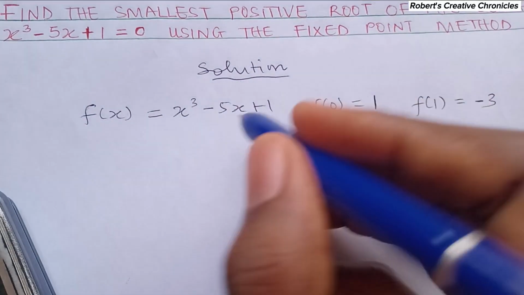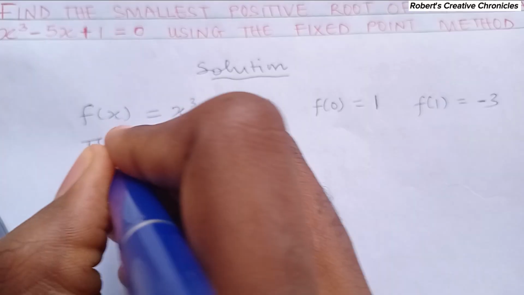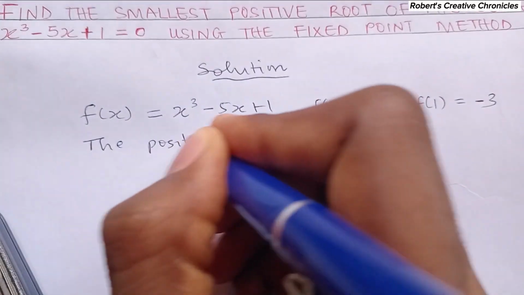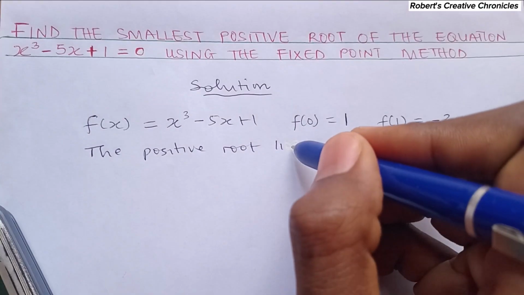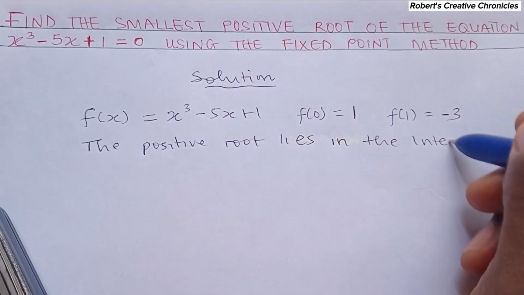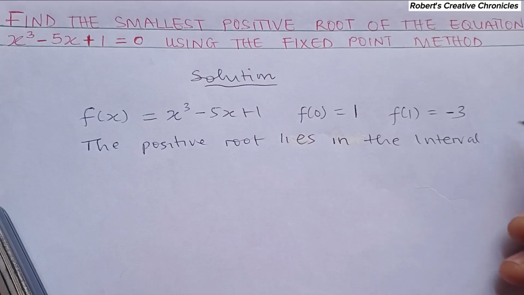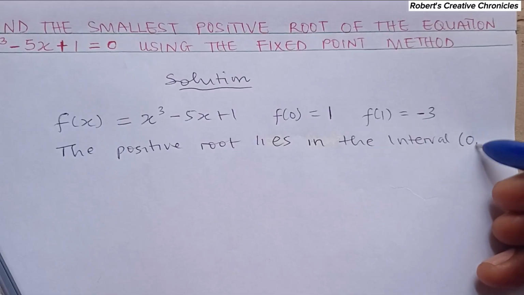So then we can say that the positive root lies in the interval 0 and 1.